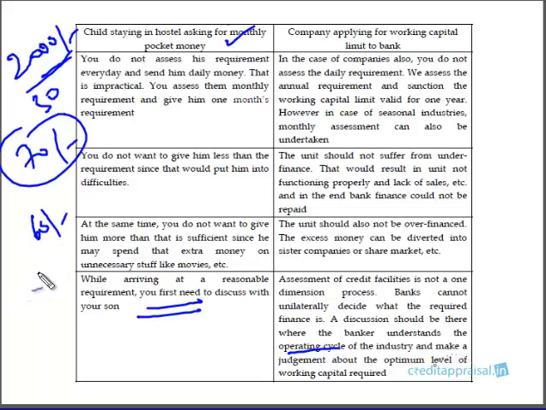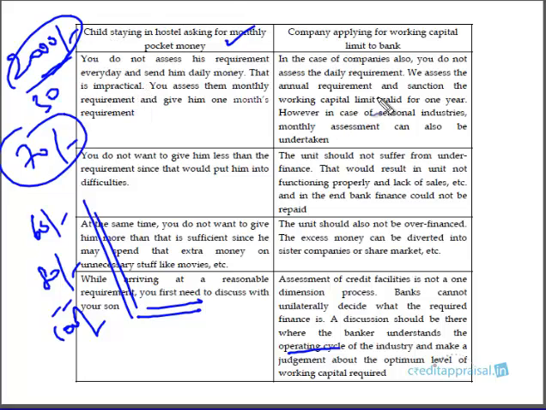Sunday you need to go to a movie, maybe you require 80 or 100. You don't do this individual daily assessment, right? What you basically do is you arrive at a monthly figure. Per month you're going to require 2000. Okay, individually per day it might vary from day to day.